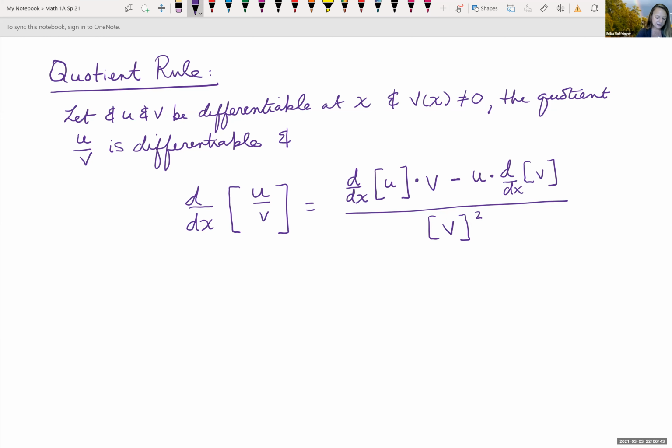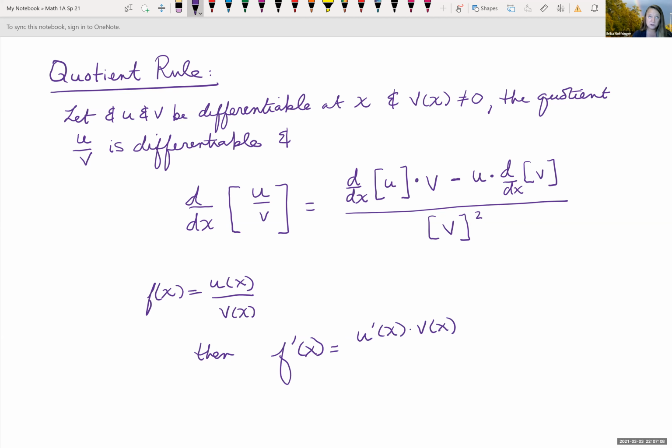So another way we could write this is if y or f of x was equal to u of x over v of x, then the derivative f prime of x is equal to the derivative of the first, u prime of x, times the second, v of x, minus the first numerator, u of x, times the derivative of the denominator, v prime of x, all over the denominator, v of x squared.